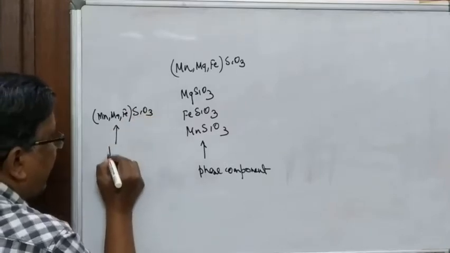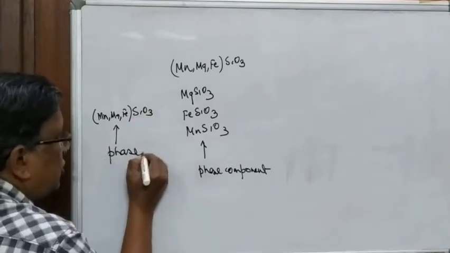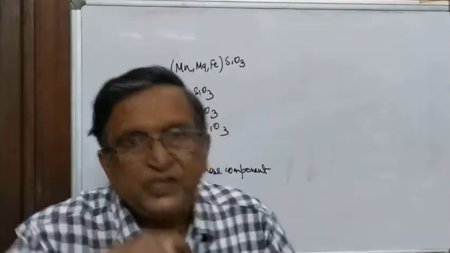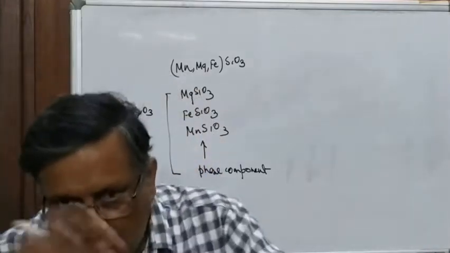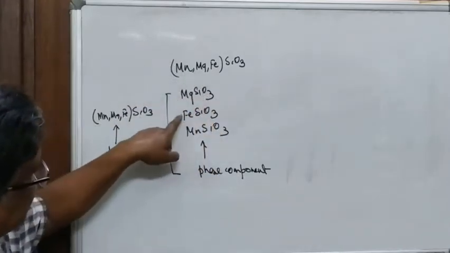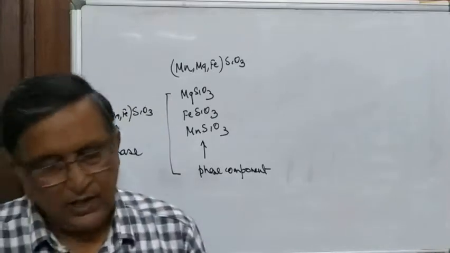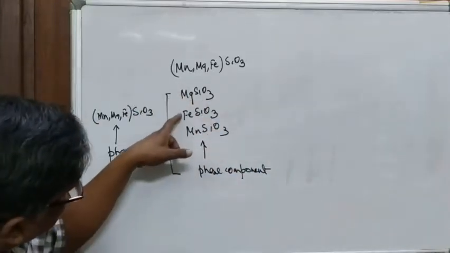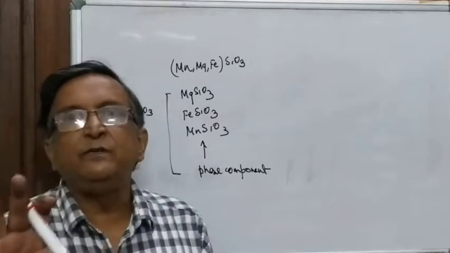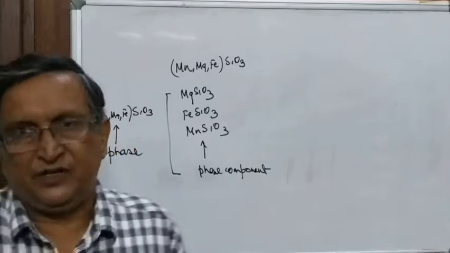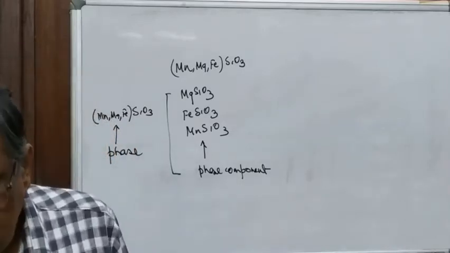This is the phase. There are not two phases. There is one phase, which is a solid solution of MnSiO3, FeSiO3 and MgSiO3. Three phase components. And we know that the structures of all three are going to be different, so they will have different thermodynamic properties. Right?